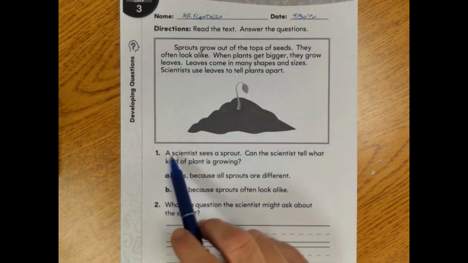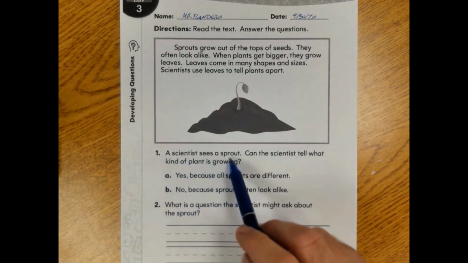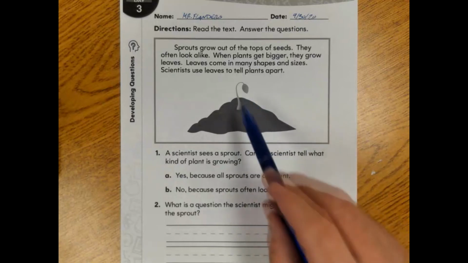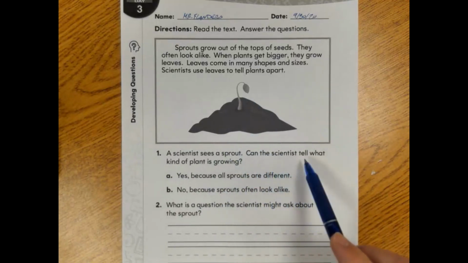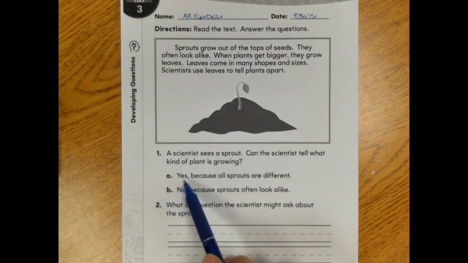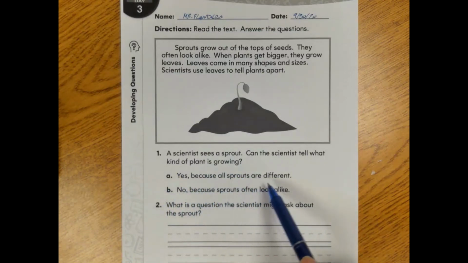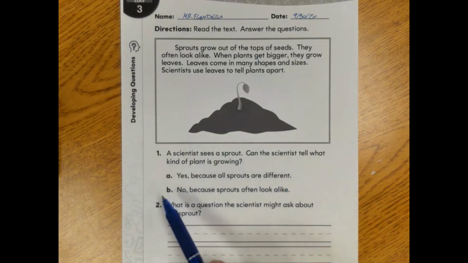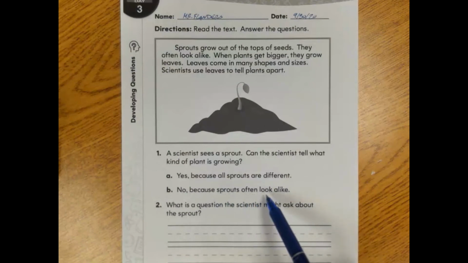Number 1. A scientist sees a sprout. A sprout right here. Can the scientist tell what kind of plant is growing? A. Yes, because all sprouts are different. Or B. No, because sprouts often look alike.